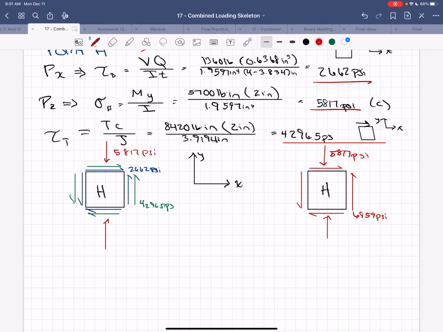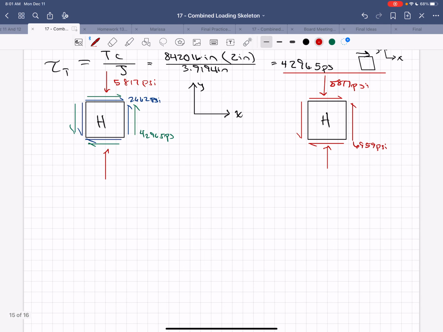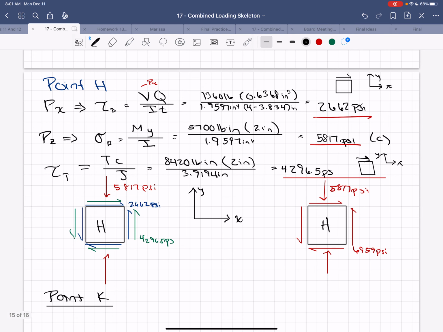All right, so point K, the shear stress from torque will be the same. But we'll draw a new coordinate system.